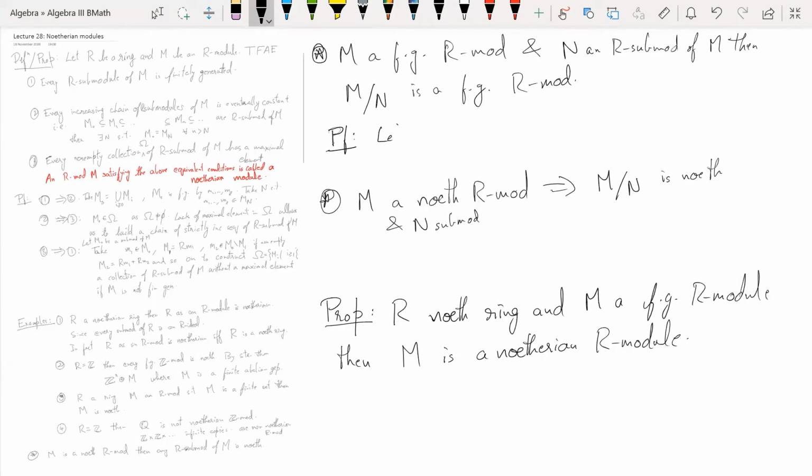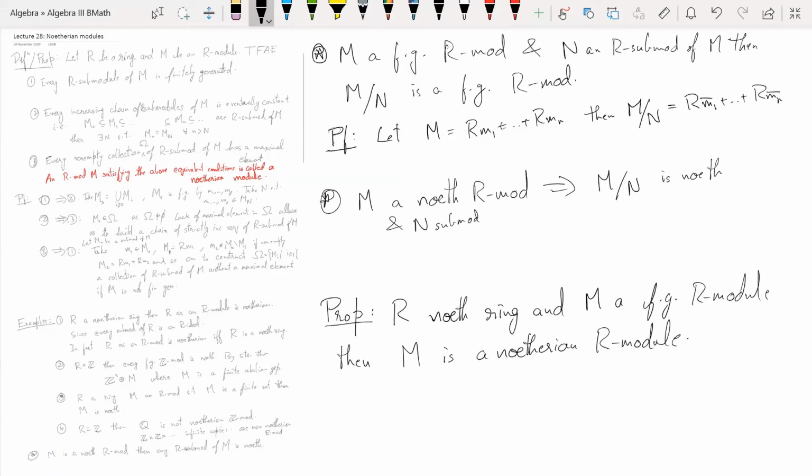Let M be generated by Rm1 to Rmn, so generated by n elements. Then, of course, the images will generate M mod N, which is generated by R m1 bar to R mn bar.